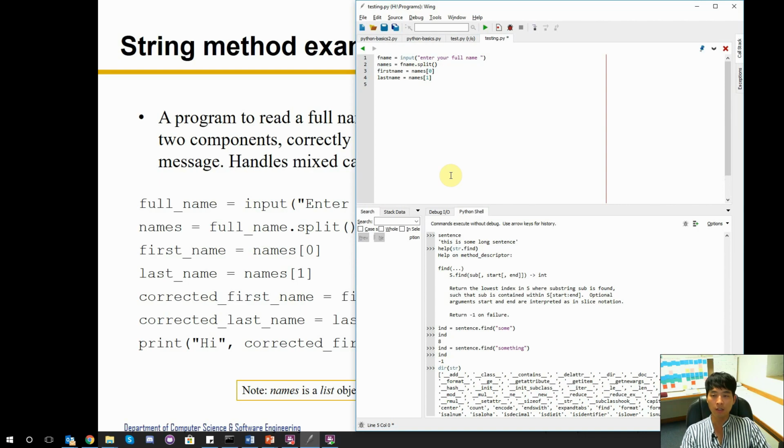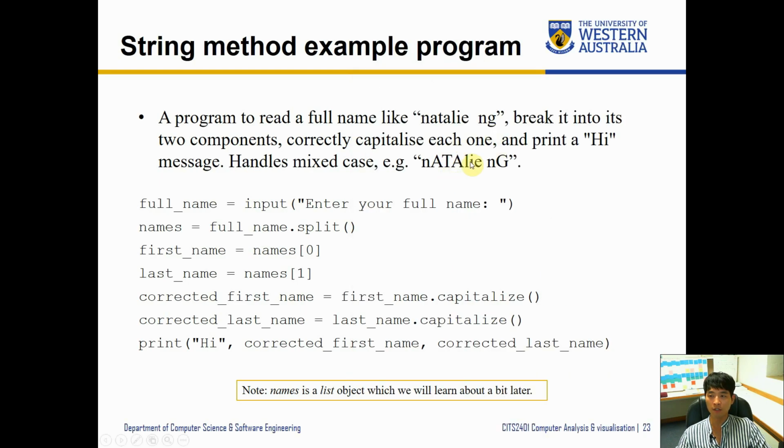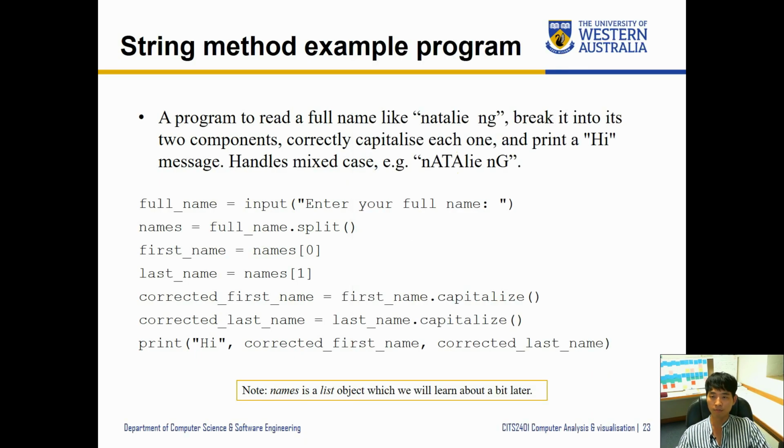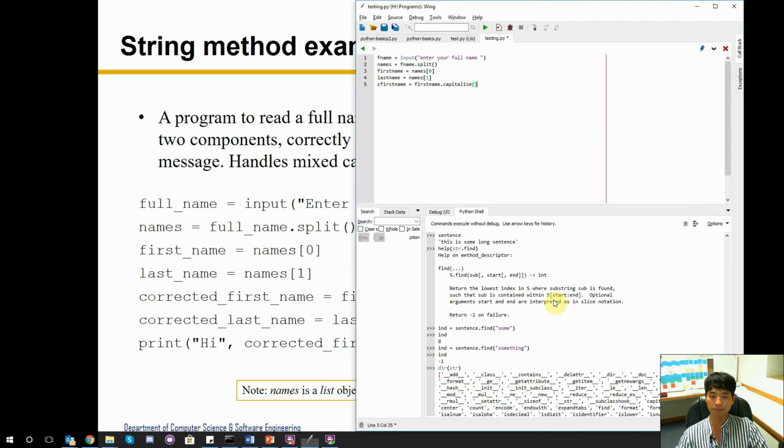Okay, and we assume that the input can have very different cases. So what we want to do is capitalize, which means it capitalizes the first letter and uses lowercase for the rest. Okay, corrected first name equals first name dot capitalize. Okay, yeah, Python uses US English, so do remember that.